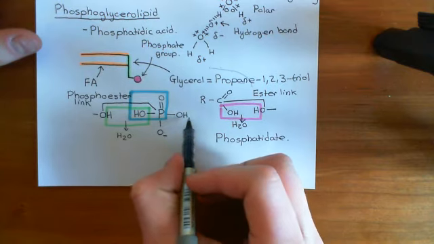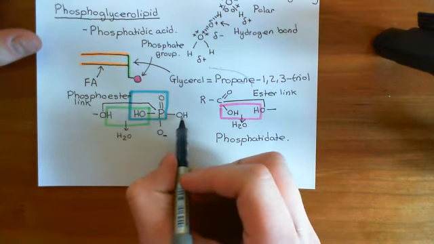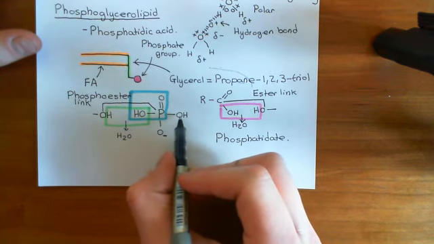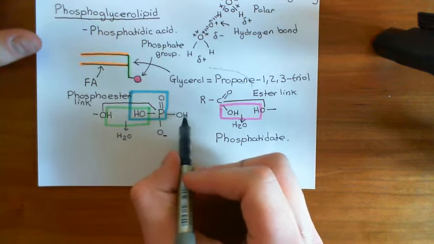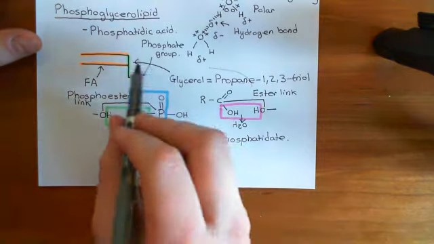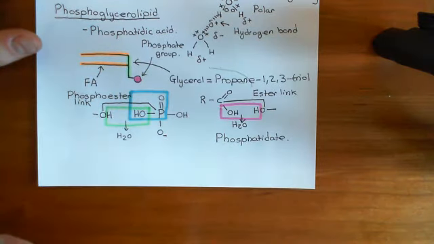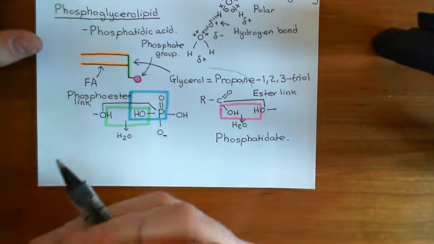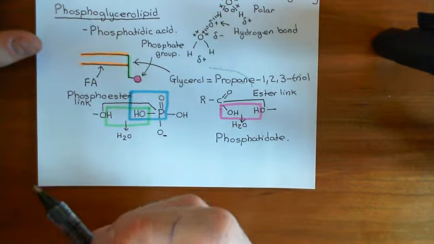However, this alcohol group here can actually lose its proton, and then this oxygen will be left with a negative charge. Okay, so when the proton cleaves off, it will go into solution, and therefore the phosphatidic acid molecule has acted as an acid by donating a proton away into solution. Okay, so that's why phosphatidic acid is considered an acid molecule.